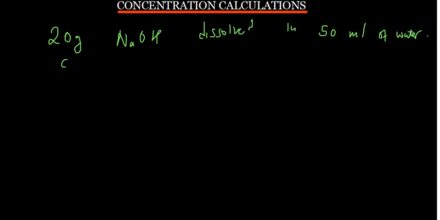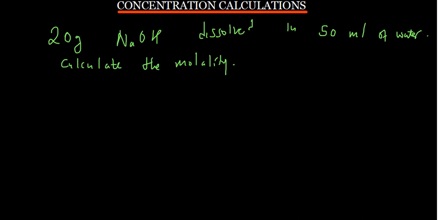The units of molality, I haven't seen it on the screen. Oh, it's mole per kg. Okay. Are you able to see the question? Yes, sir. All right. So 20 grams of sodium hydroxide is dissolved in 50 milliliters of water. We want to calculate the molality.